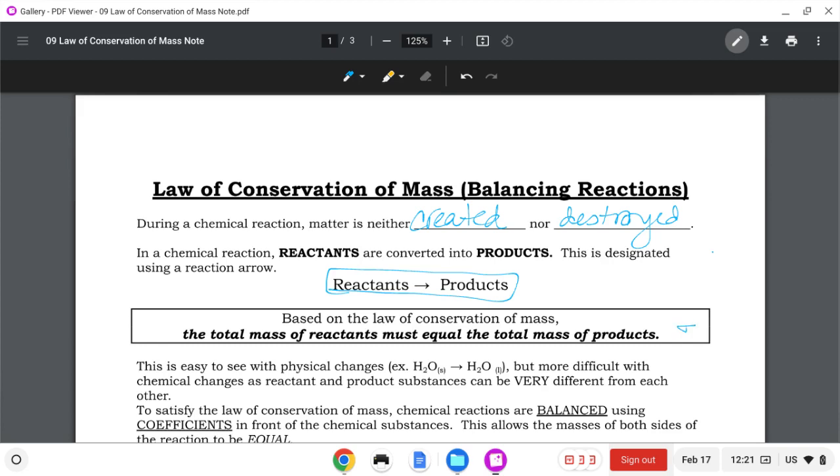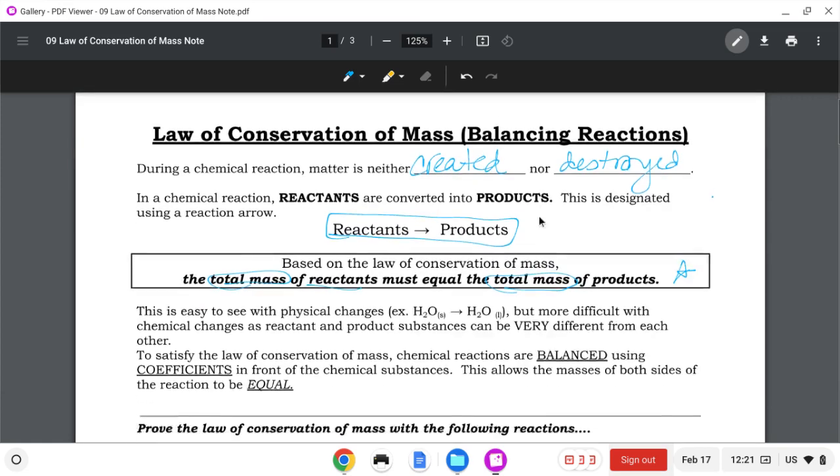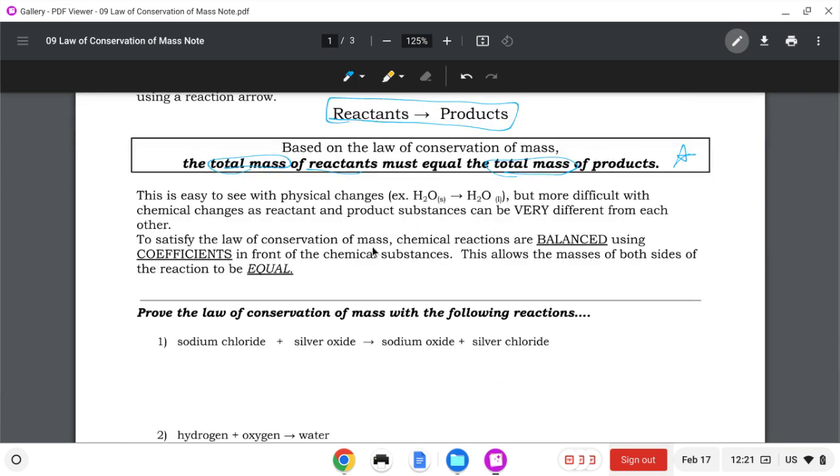And here's our law of conservation of mass: the total mass of reactants must equal the total mass of products. This is a law that you should have learned in grade 10, but we want to remind you of it because it is the basis for balancing a chemical reaction.